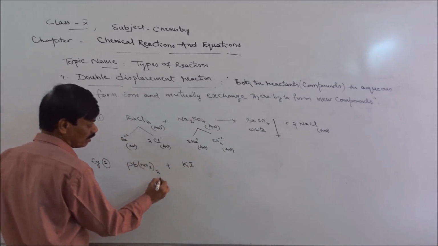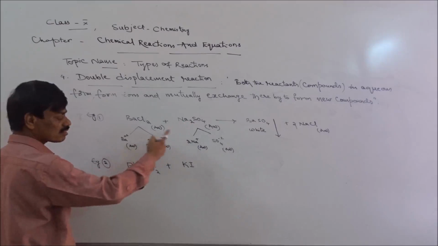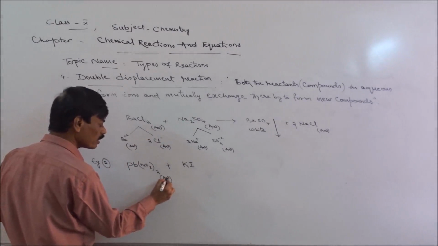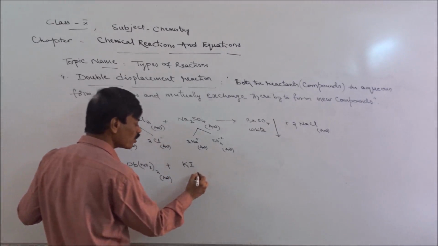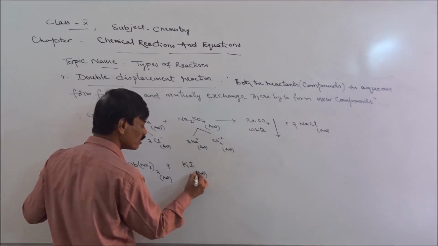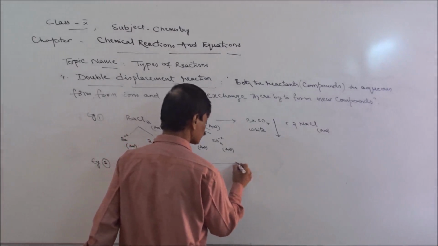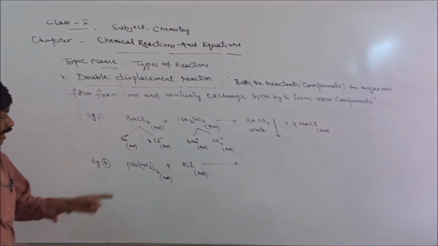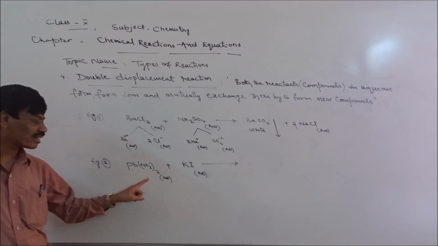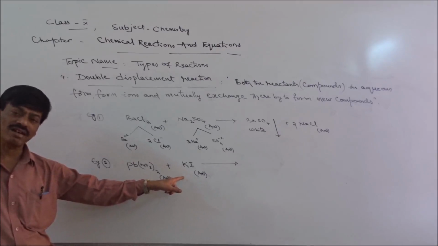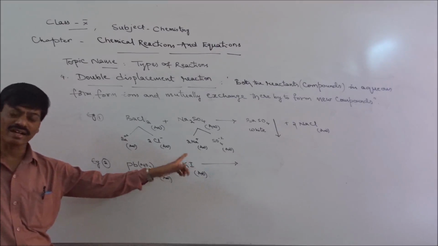And as in the above reaction, in this reaction, lead nitrate we are taking in aqueous form, potassium iodide we are taking in aqueous form. So when these two react, here also same thing. Lead nitrate will form lead cation and nitrate anion. Potassium iodide will form potassium cation and iodide anion.